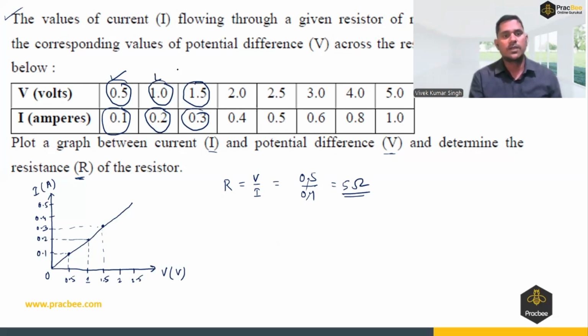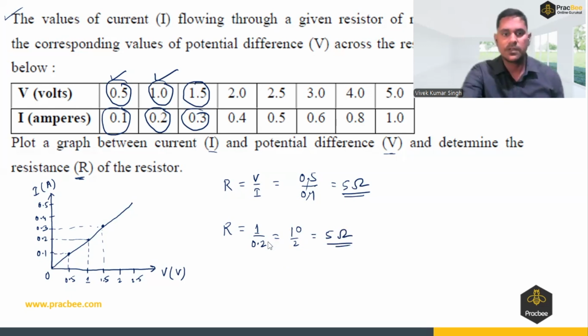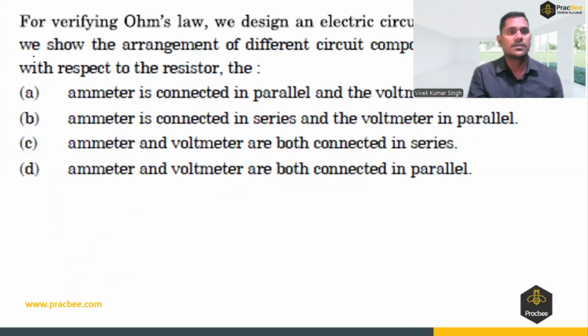If you take the second value, V equals 1 volt and I equals 0.2 ampere. So it's 10 over 2, that is 5 ohm. So this is how we can find the resistance from the given data.